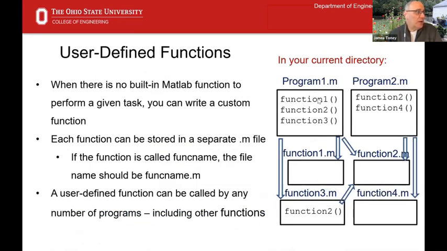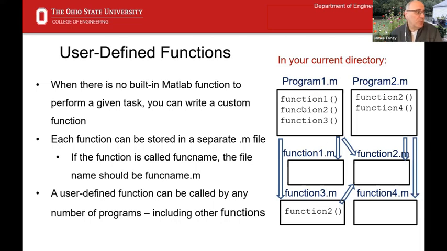All right, so let's say this program has some functions, and I'm just calling them function 1, function 2, function 3. But of course, you want to give a function a name that describes what it does. So they would be in separate files called function1.m, function2.m, function 3, and function 4. Right? Now, having done that, you can actually call these functions from different programs.